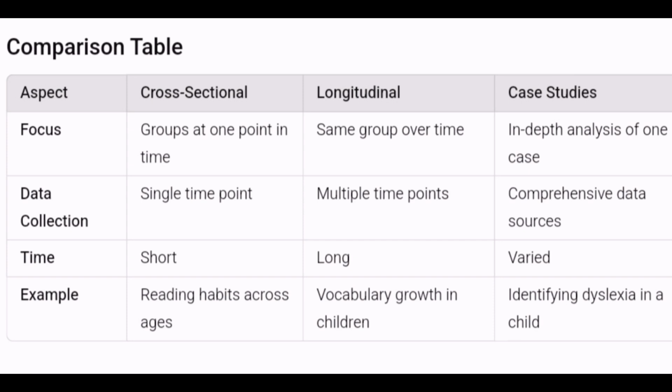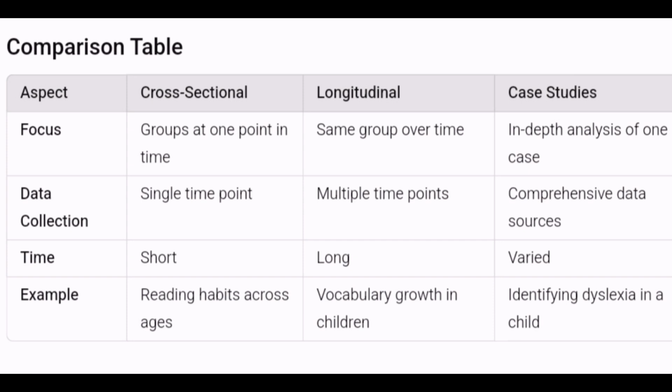In longitudinal study, the same group it might be, but over different times, as I have given you the example. In case studies, in-depth analysis of one case. So in case study, we study the single individual or single group of individuals or single event, but in detail.